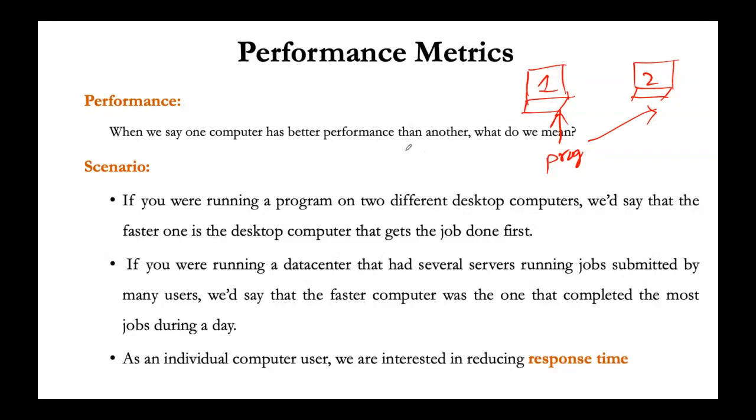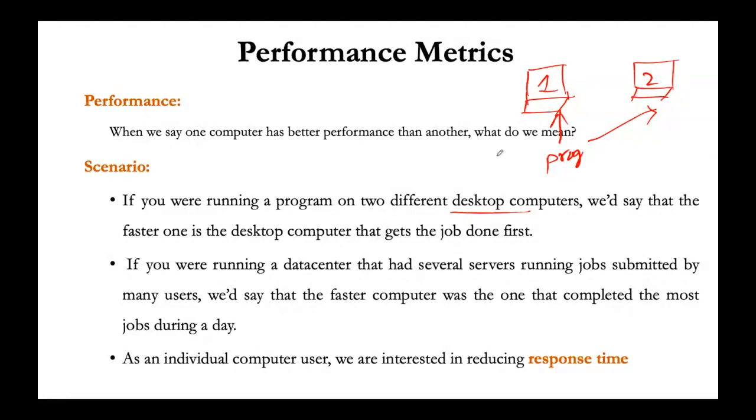What do we mean by which computer is performing better? If these computers are desktops, then we would say that the faster one is the desktop computer that gets the job done first.